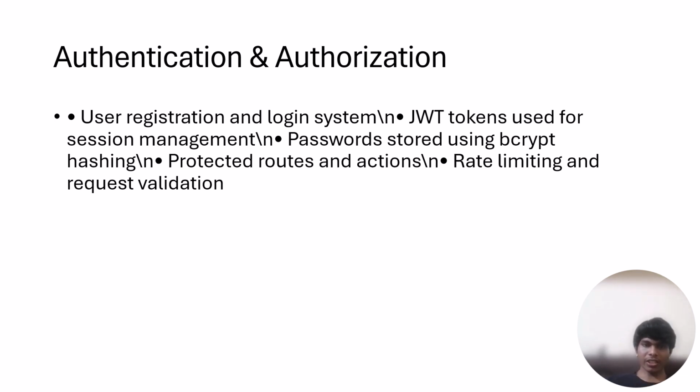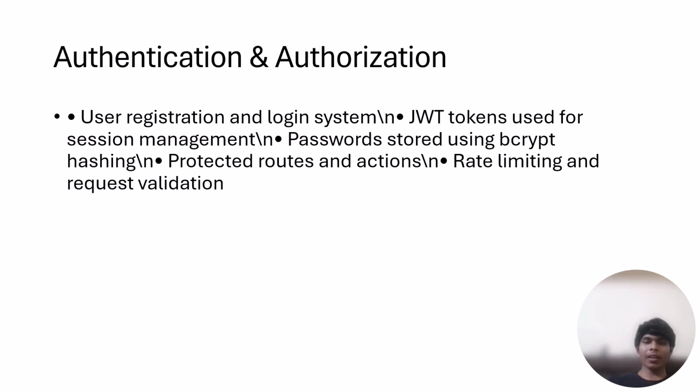Authentication and authorization. A user registration and login system, which is required. JWT tokens are used for session management, and passwords are stored using bcrypt hashing, with protected routes and actions.